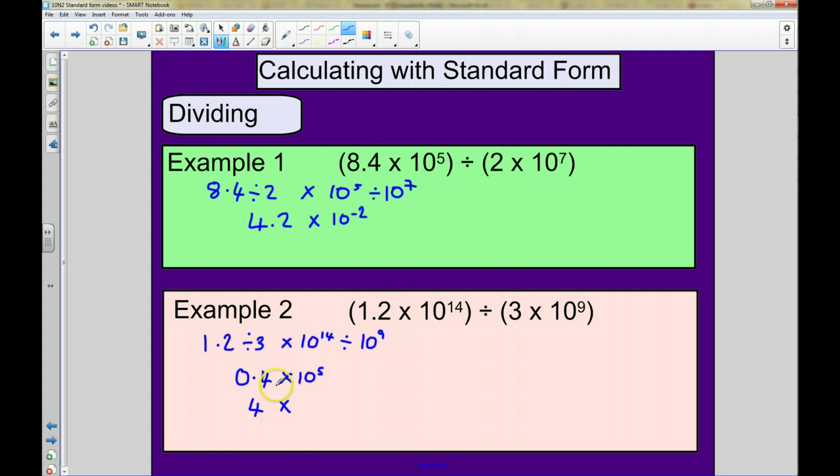And because I scaled this number up by 10, I need to scale this number down by 10. So that's going to become 4 times 10 to the power of, and that goes down by 1, so it's going to be 10 to the power of 4. Now the value of both of these things is exactly the same, but this one here is now written in standard index form.